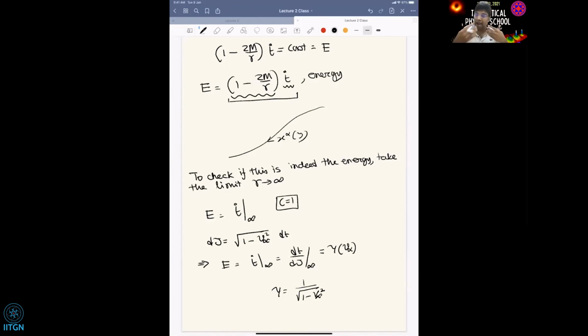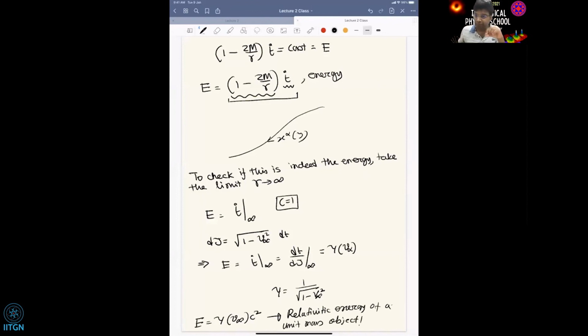In fact, if you add all the c square and everything, then you can show this E is nothing but gamma at v infinity times c square, which is exactly the relativistic energy in special relativity of a unit mass object.